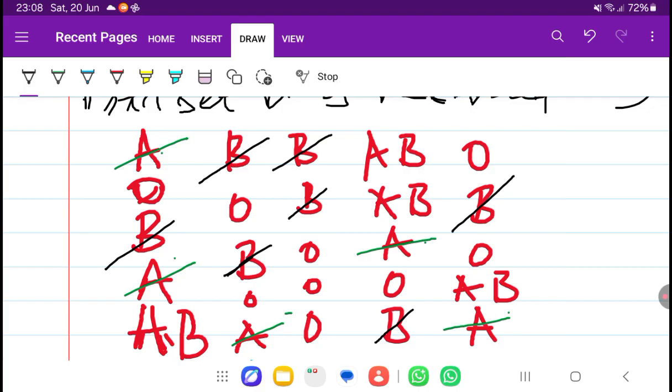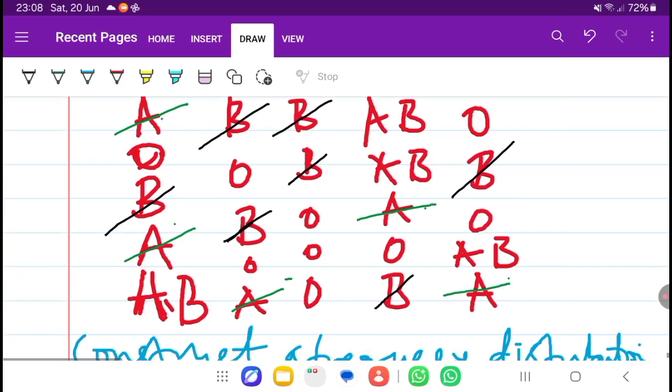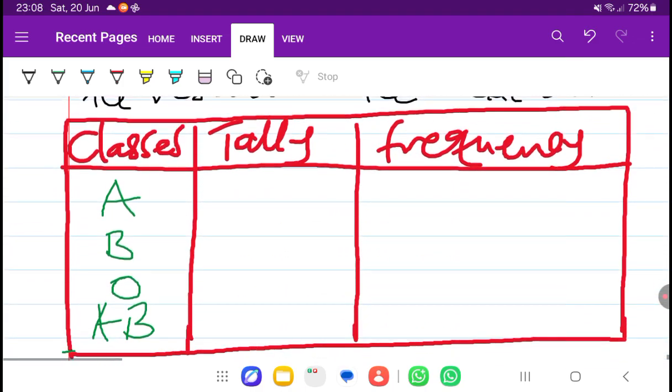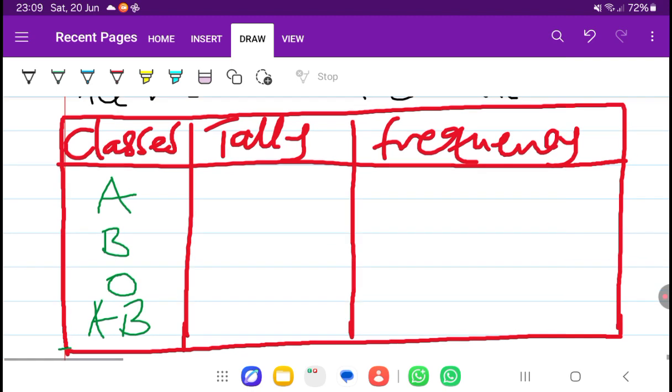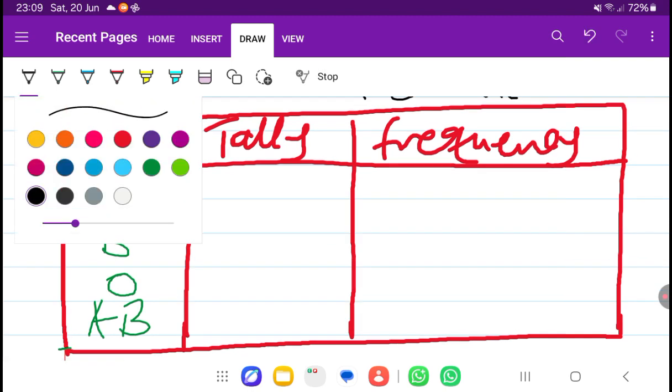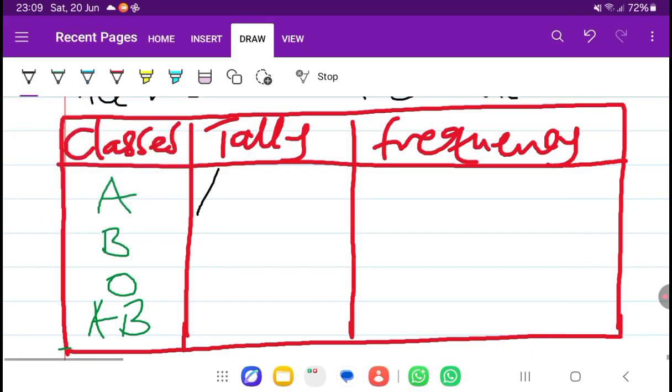So we go into the table. When we tallied the one for A, there were 5. So 1, 2, 3, 4, then 5.